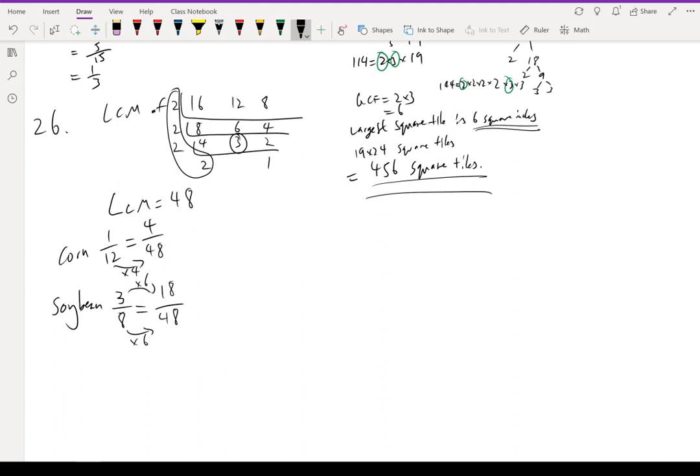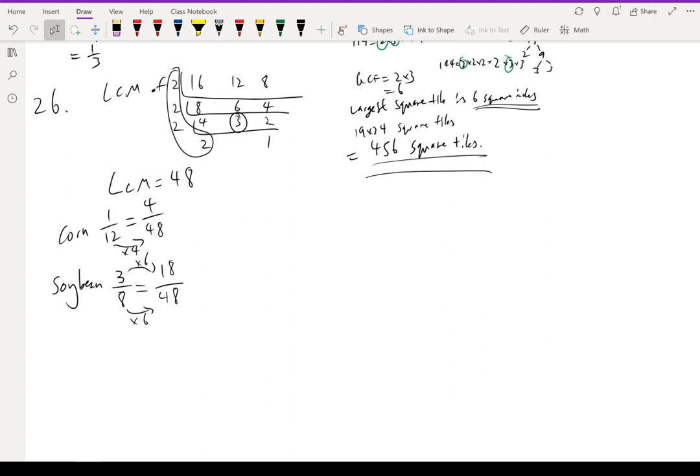Okay, and then next is 3/8 with wheat. Oh, 3/8 is wheat. Let me just change that. You need to read the question carefully, okay? Or else it's very easy to make mistakes. Oh, soybeans is 1/4. So soybean is just 1/4.